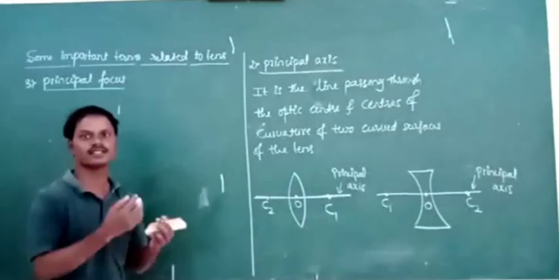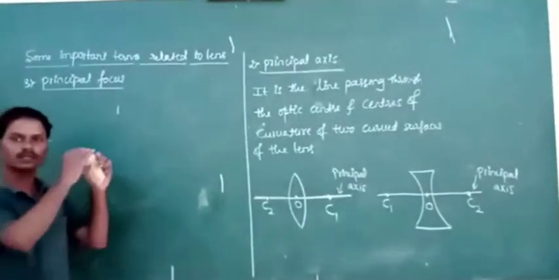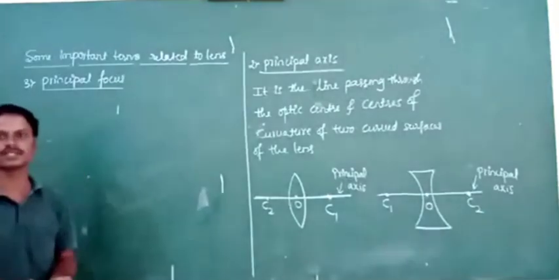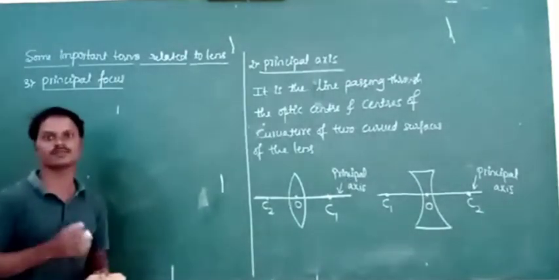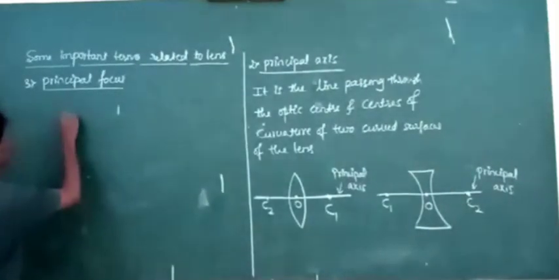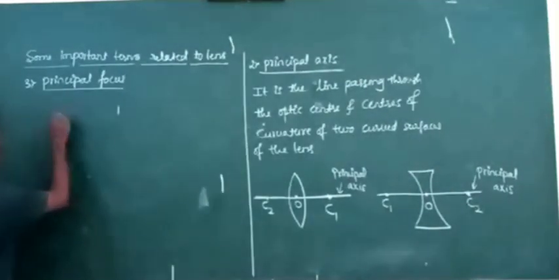In case of lens, refraction of light takes place because both surfaces are refracting surfaces, meaning both are transparent. Now let us consider what a principal focus is.